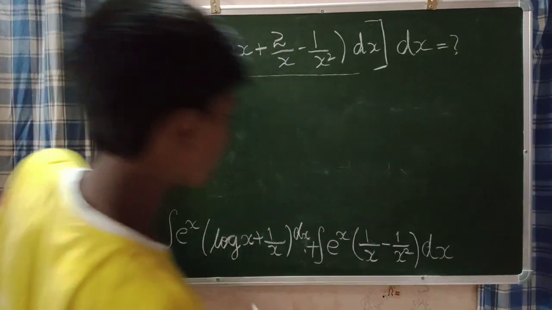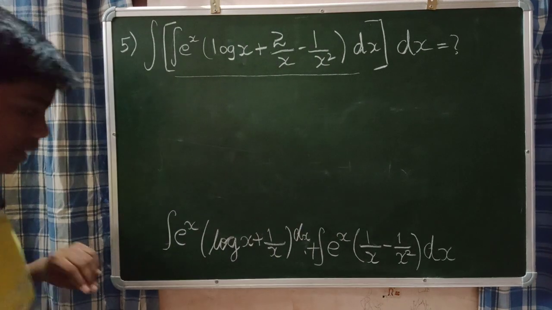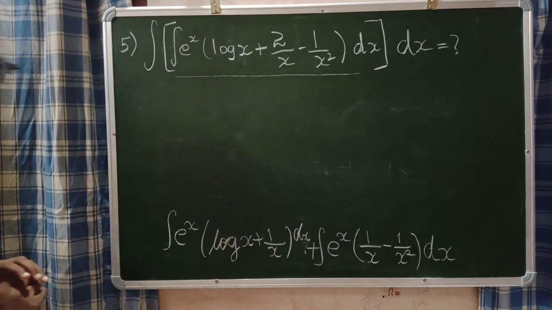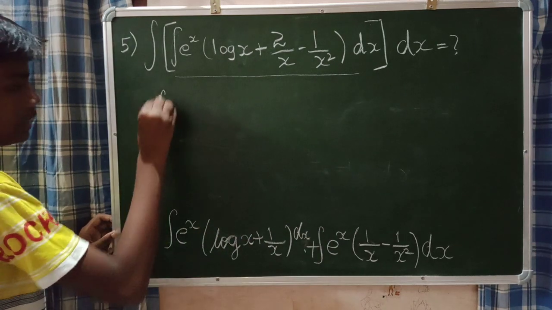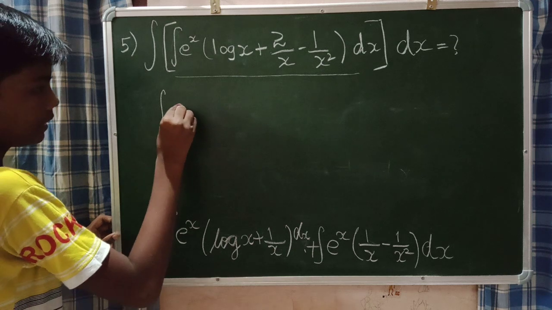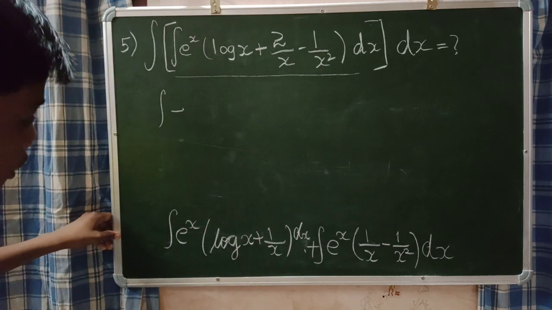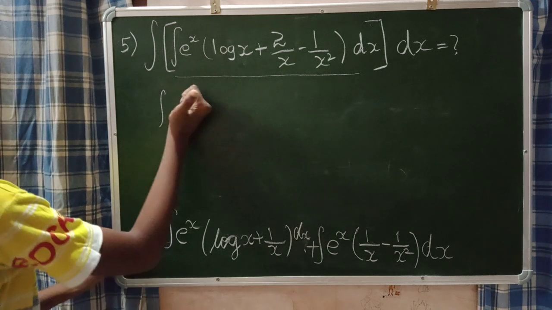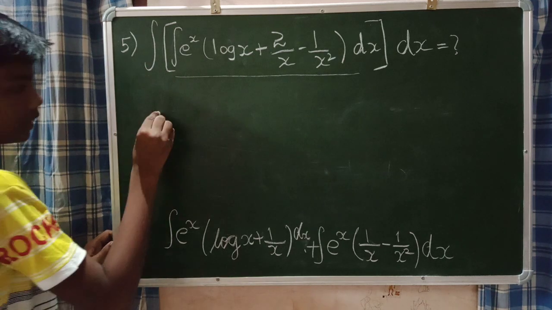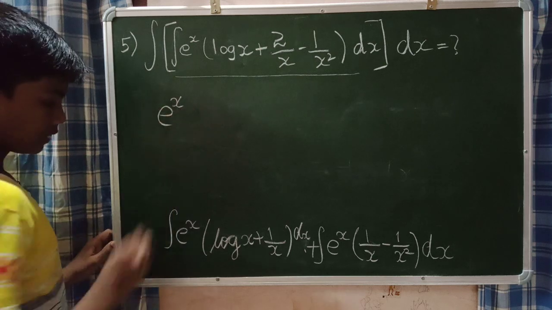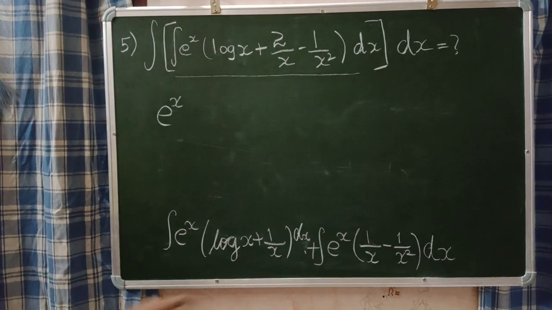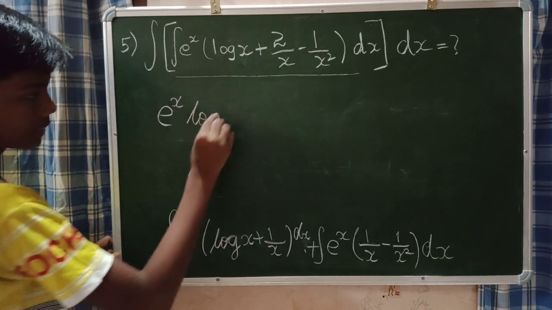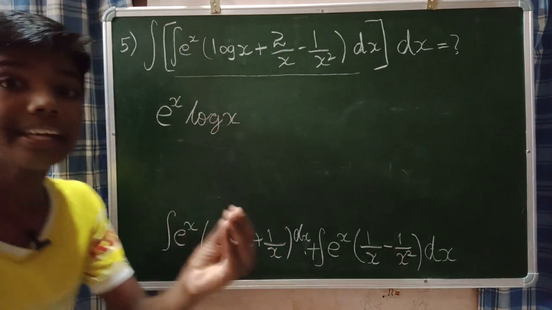What we really got is, now, integration of e to the power of x of log x plus 1 by x dx. As I told you, use that formula. This can be written as e to the power of x times log x, because we need to take the f of x only.